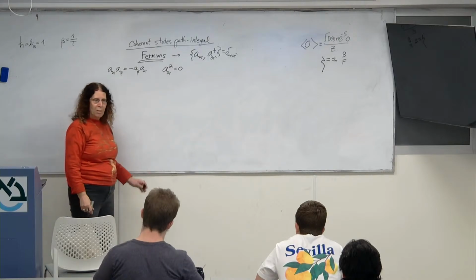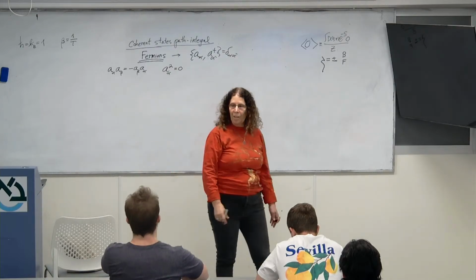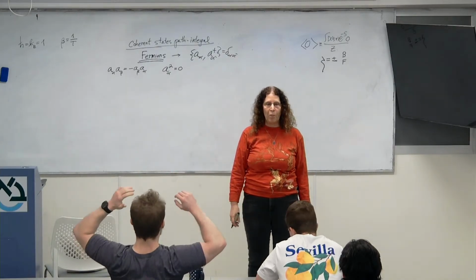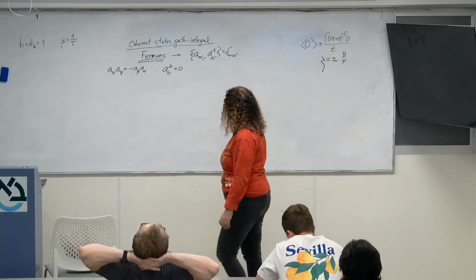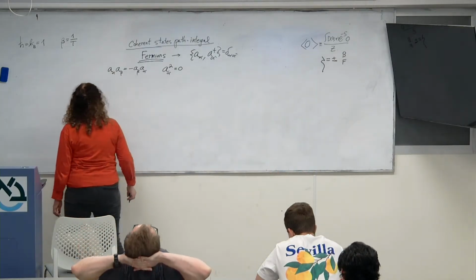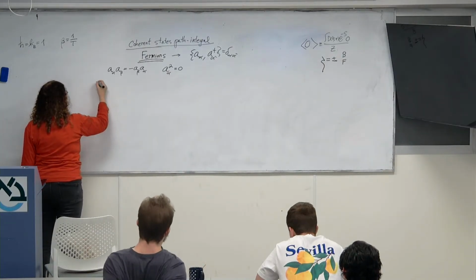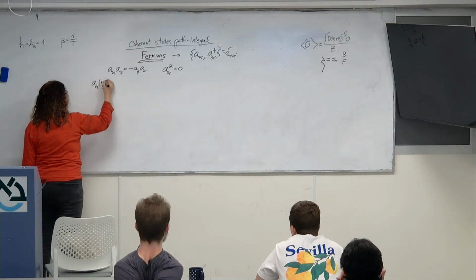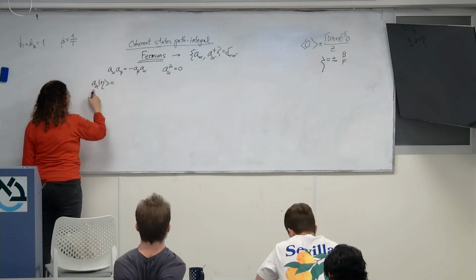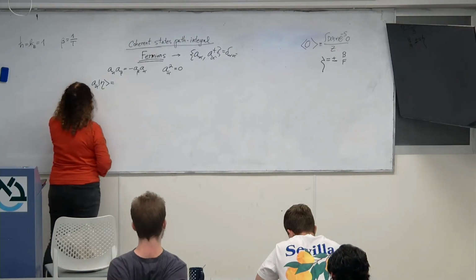So we can immediately see that if we now try to generalize the concept of a coherent state for fermions, we run into a problem. Why? What is a coherent state? A coherent state is defined as an eigenstate of the annihilation operator. Okay, that's what we did for bosons.